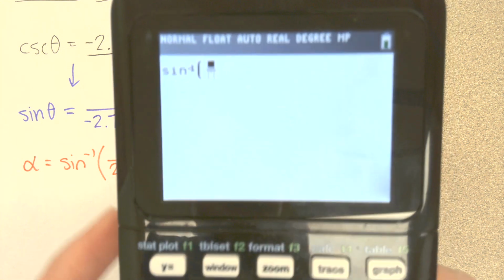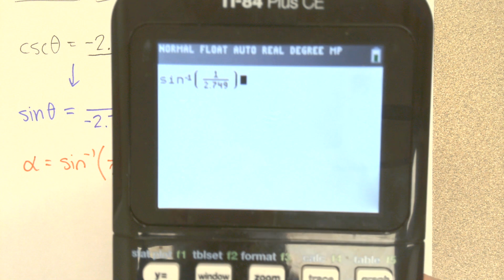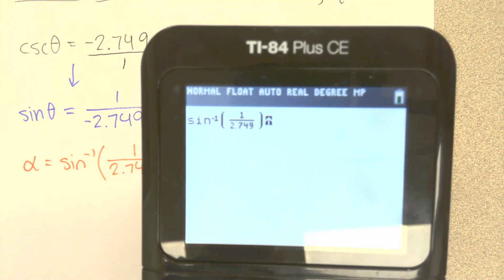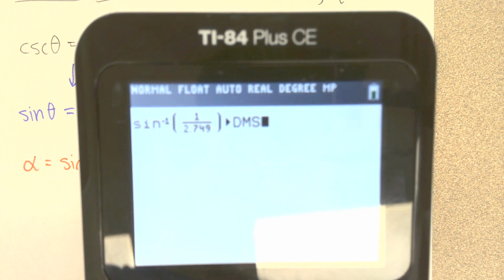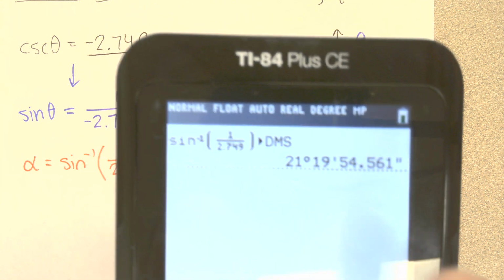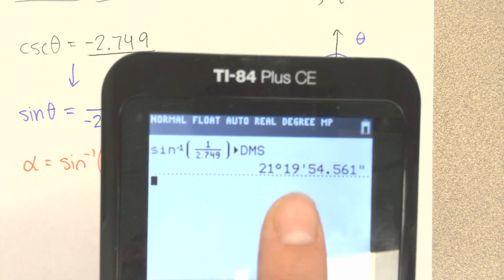Inverse sine, 1 over 2.749. And then if you remember, go ahead and put that conversion at the end of that. 21 degrees, 19 minutes, 54 seconds. So 21 degrees, 20 minutes.